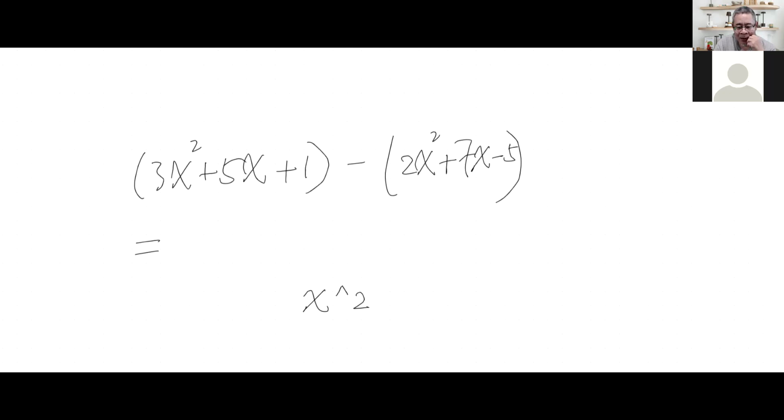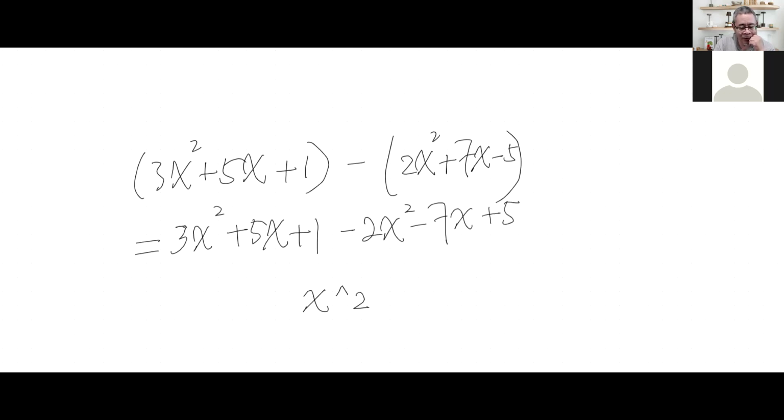Okay, so here again, got to be careful with the sign. We got 3x squared and plus 5x plus 1. And then we open this up, that becomes minus 2x squared minus 7x, then plus 5. Okay, negative, negative, and positive.